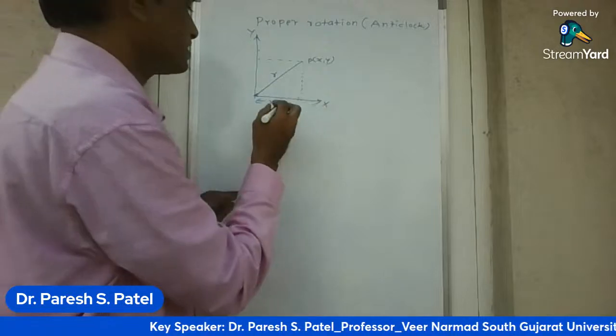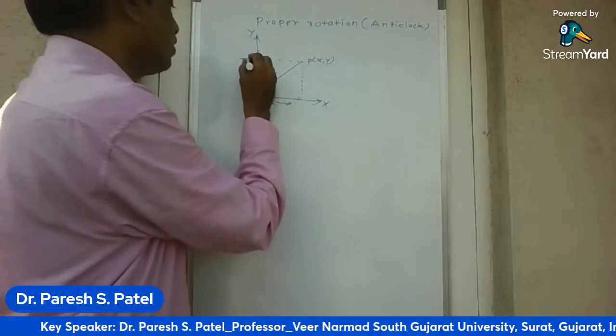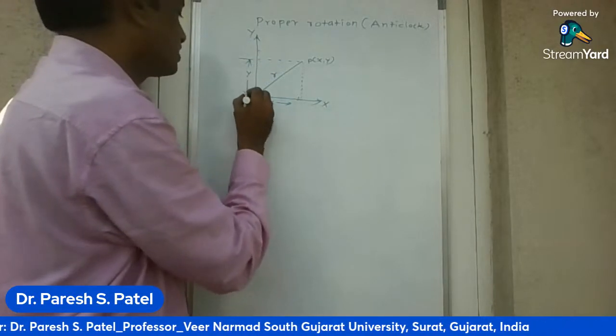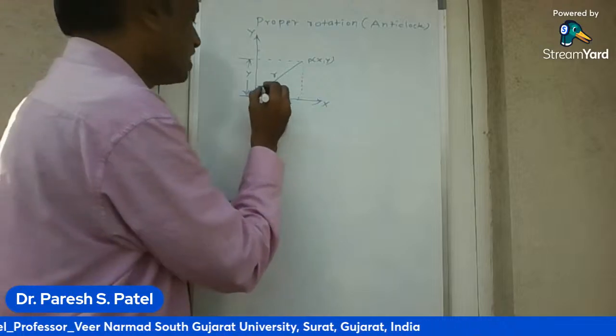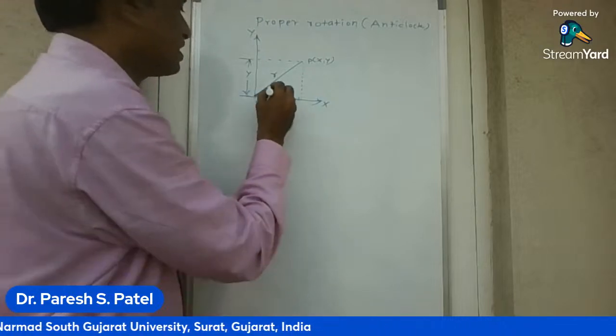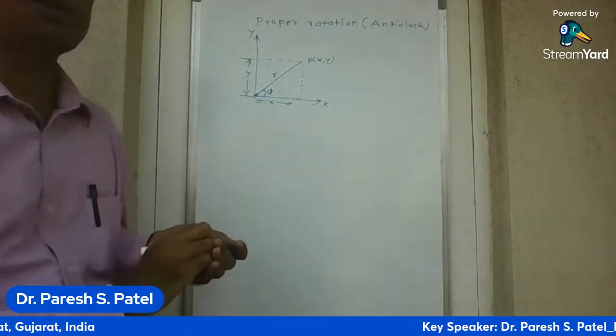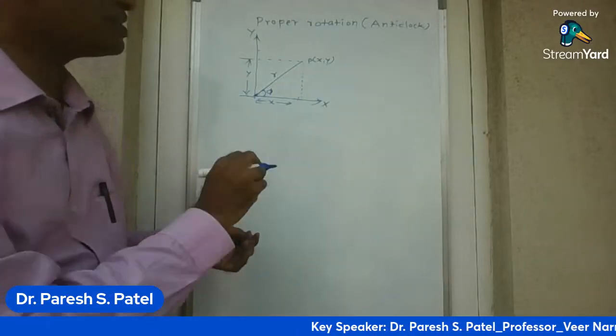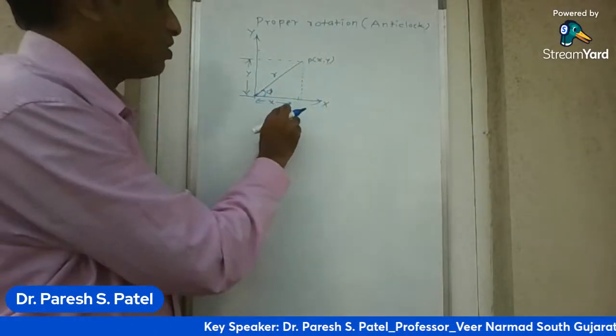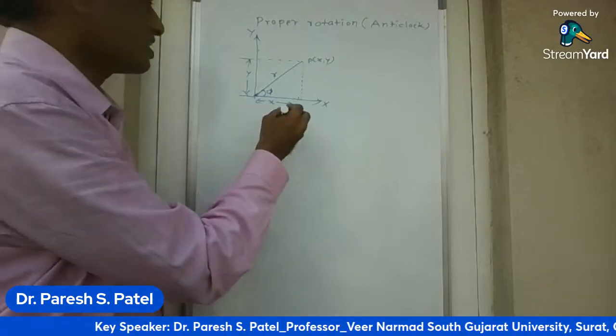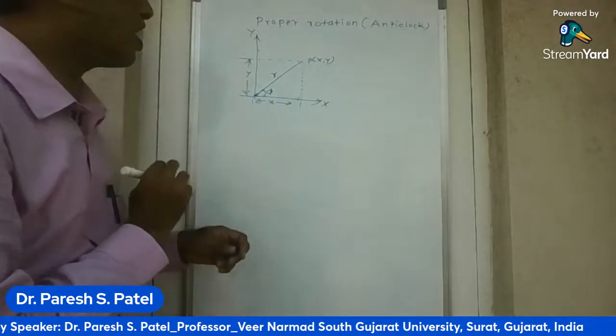So along the x-axis, the distance is x, and along the y-axis, the distance is y. Now, this angle is phi. So this is the initial position of this vector P with the coordinates x and y.